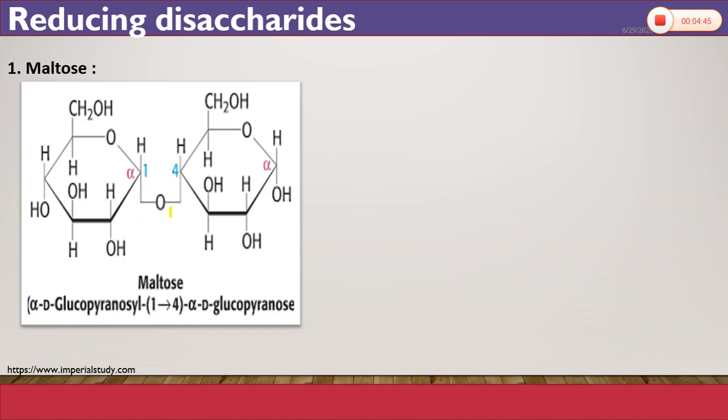Here an OH group was there, here also an OH group. They join with each other with loss of a water molecule, and the first carbon of one glucose, which was the anomeric carbon, is joined with the fourth carbon of the other glucose.